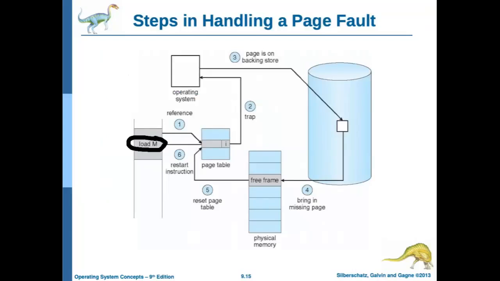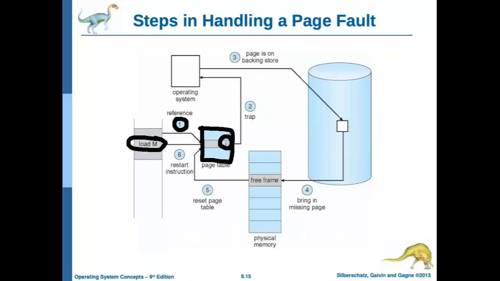Now Load M will try to reference the location M, and whatever this M address is, remember that is a logical address. For that it will refer to the page table. Now this instruction is definitely coming from one of the pages, and the valid-invalid bit of that is set to I.